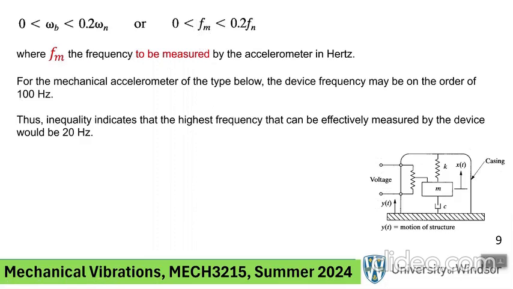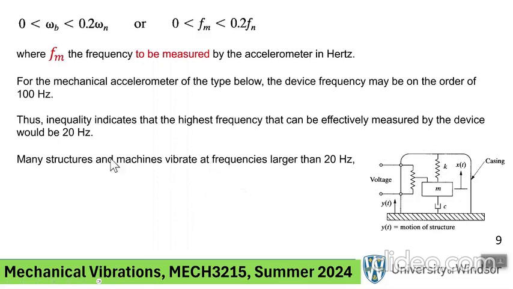It could be a bearing or a machine, etc. It is less than between 0 and 20. That's pretty low, 0 to 20 hertz. This accelerometer is useful only when we are trying to measure accelerations of the base between 0 and 20 hertz. That's a very restricted requirement.